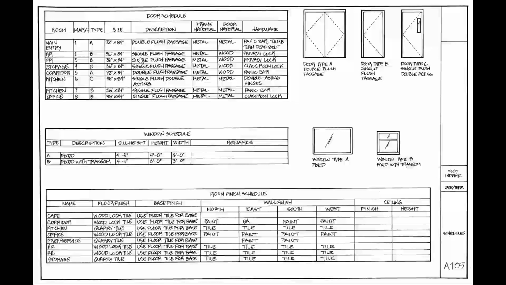So if we look over here, you can see this is door type A, and this is an elevation of it. So you can see we've got a profile line in our thickest line weight outlining the door. And we've got our medium line weight showing the change of plane here. And then we've got a series of dashed lines that are drawn in our thinnest line weight using our 45-degree triangle.